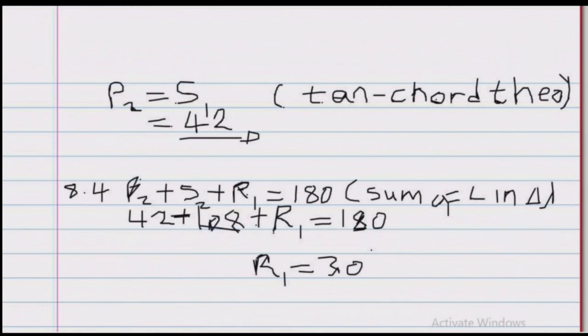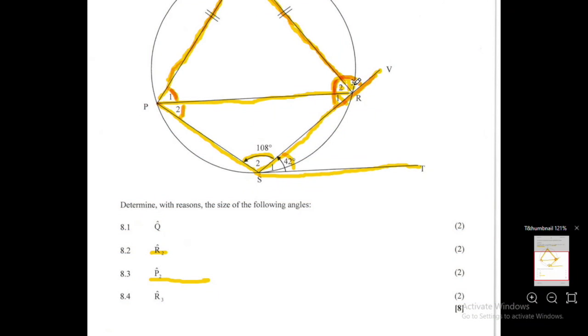Now that we have the size of R1, we can now solve this angle R3. We can solve this angle R3 by saying, therefore, R3 plus R2 plus R1 would equal 180 degrees.